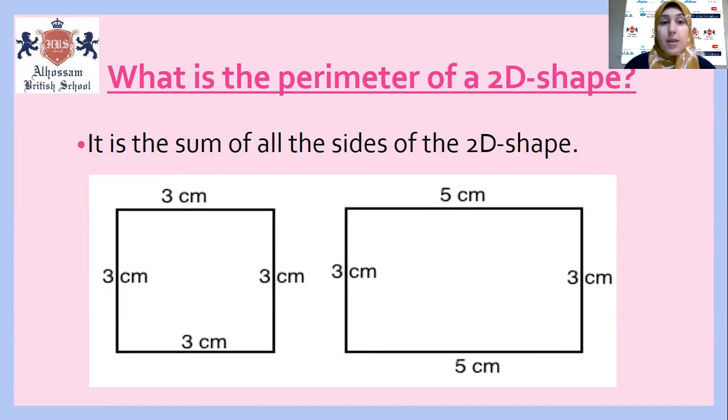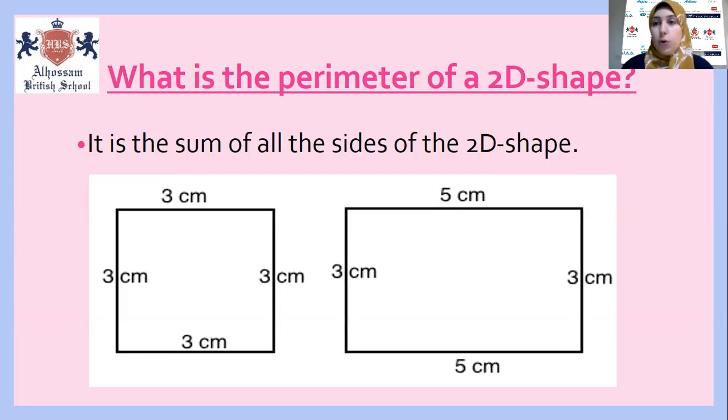Who can tell me? Repeated addition. Excellent. Yes, it's multiplication. So I multiply the 3 by how many times I repeated my addition? 4 times. So I'm going to multiply the 3 by 4 rather than add all the sides.